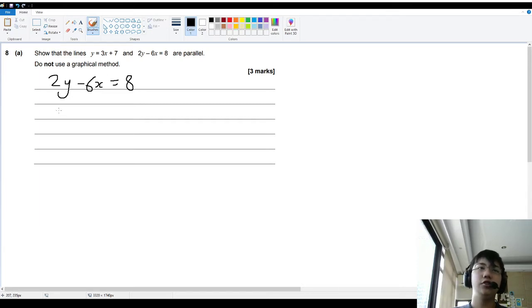So first of all, we can divide all variables by 2. So we have y minus 3x equals 4. Then rearranging it to gradient intercept form, we have y equals 3x plus 4 by adding 3x to both sides.